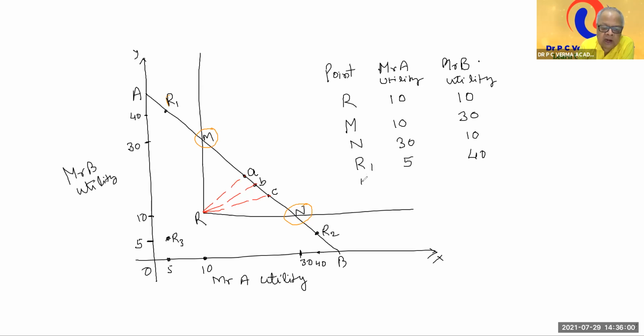If society moves to R2, Mr. A gets 40 and Mr. B falls to 5.